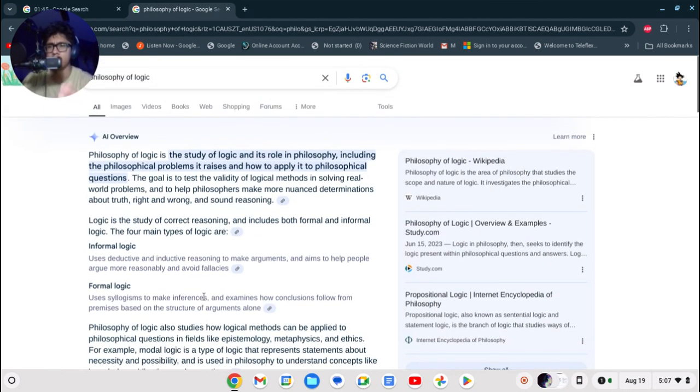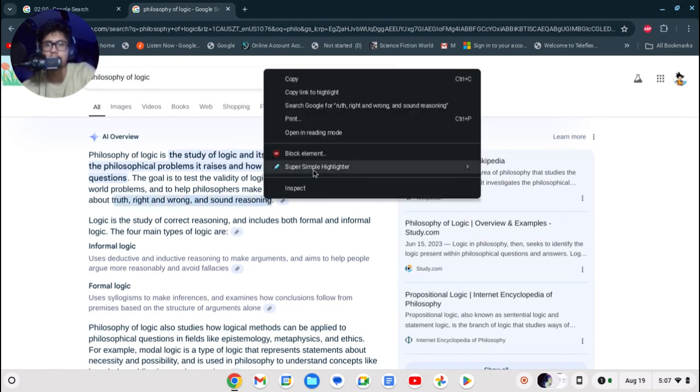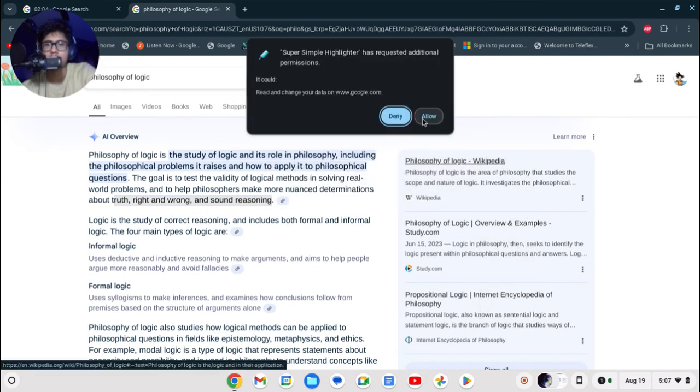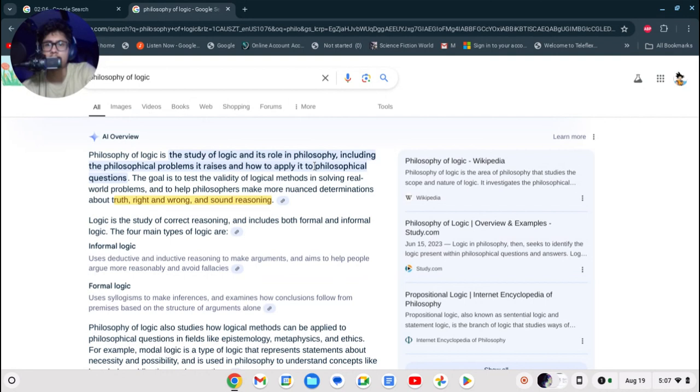Okay, so the way I perceive it, logic is philosophy, obviously, philosophy of logic. And I think the one part of it that is big right here is this. I don't even know if you can highlight this really. Highlight this in yellow. Oh, okay.